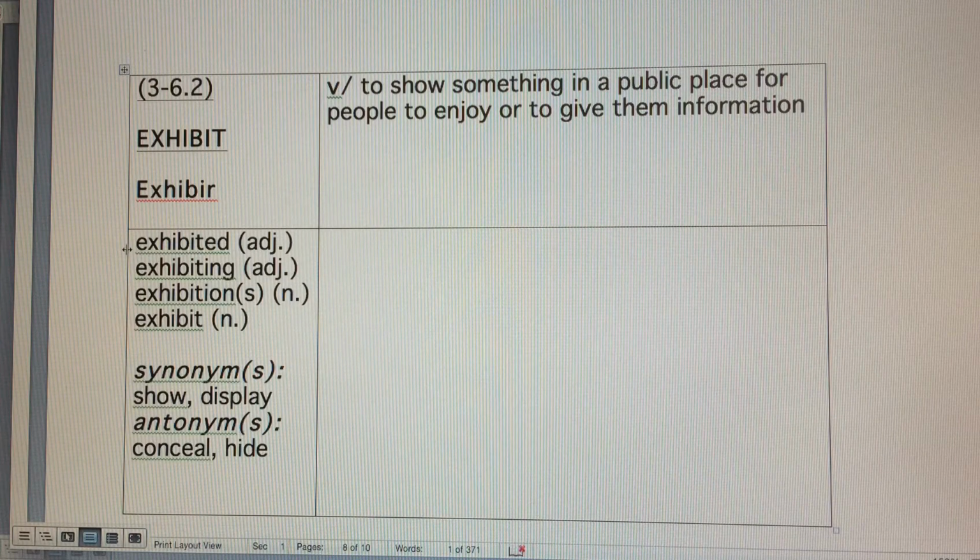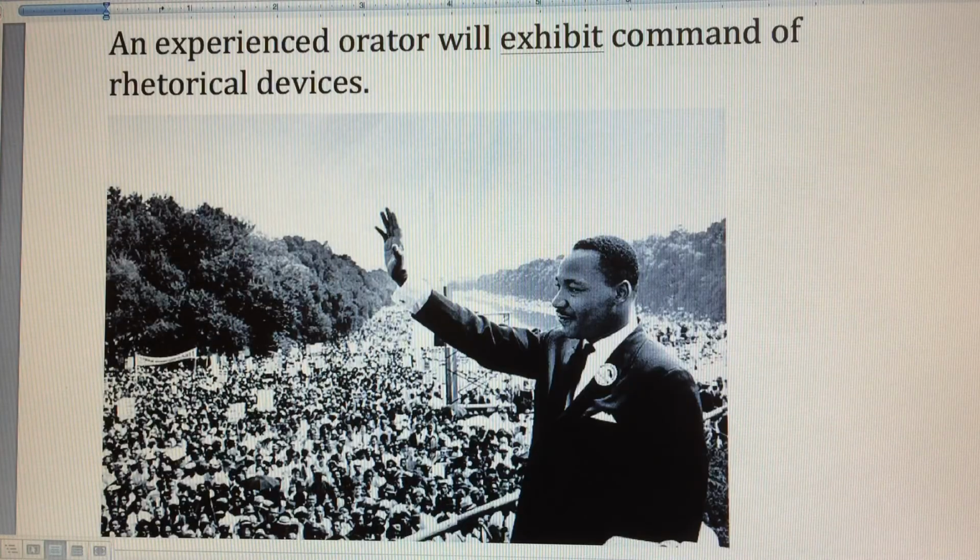When we say exhibition, the stress is on the 3rd syllable, so it's exhibition, whereas in the noun form for exhibit, it remains on the 2nd syllable, exhibit. So exhibit, exhibition. Let me show you a couple quick examples of that.